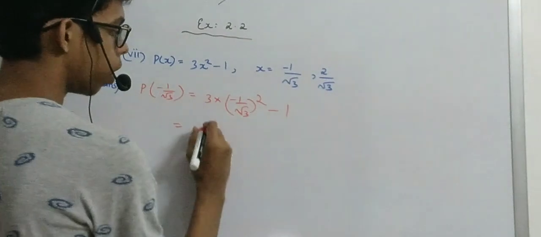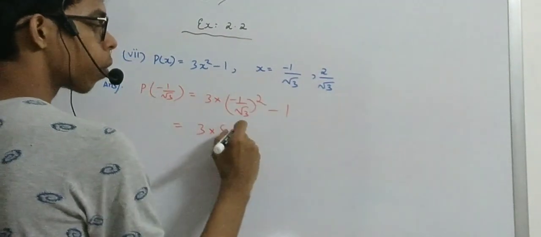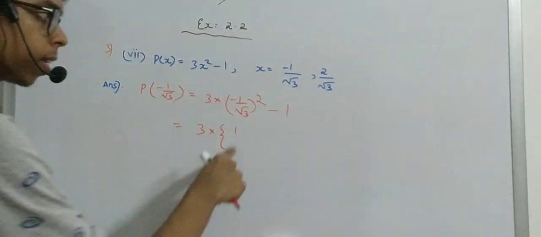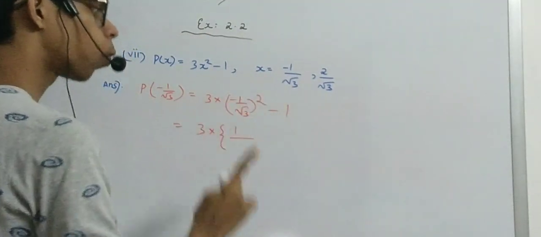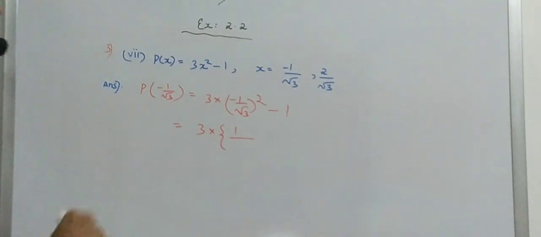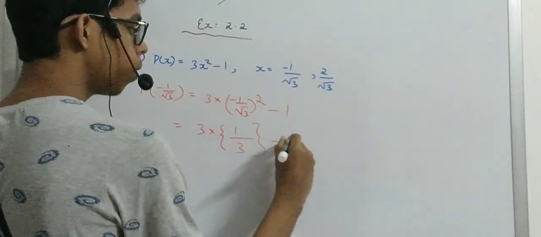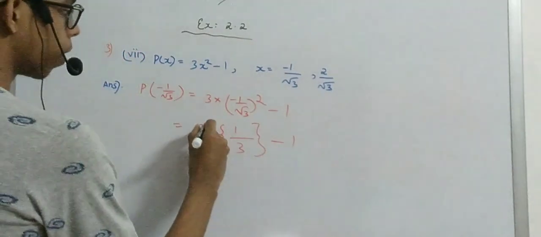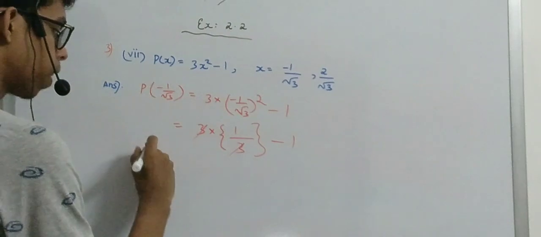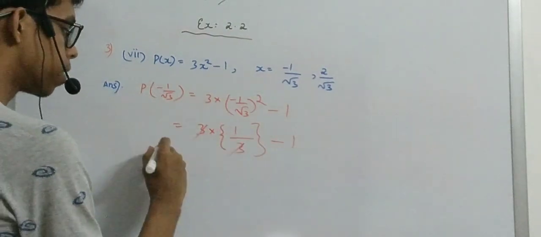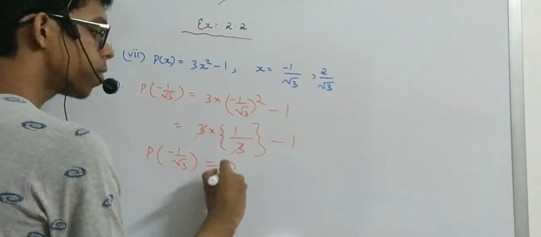So this is equal to 3 into, minus 1 the whole square means minus 1 into minus 1, which is plus 1, divided by root 3 the whole square, which means root 3 into root 3. We have learned similar sorts. When we multiply, we will get 3 itself. So here minus 1. If you see over here, this 3 and this 3 cancel off. What is left with us? Just 1 minus 1, 0. So P of minus 1 by root 3 is equal to 0.